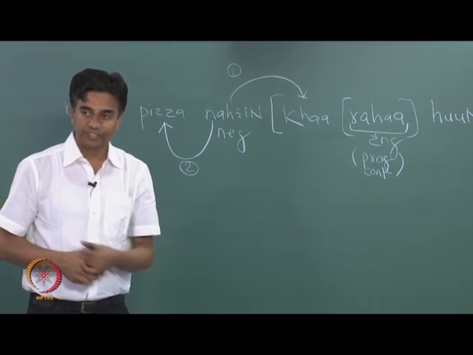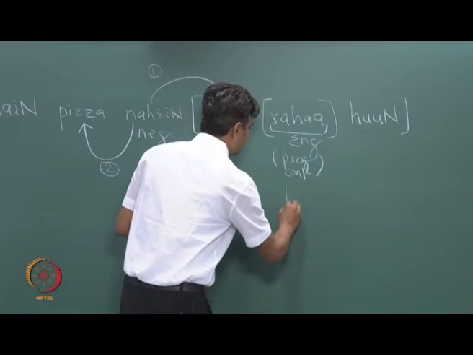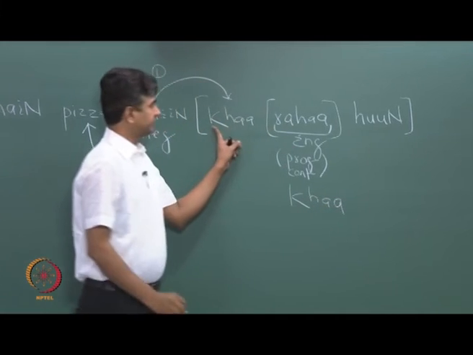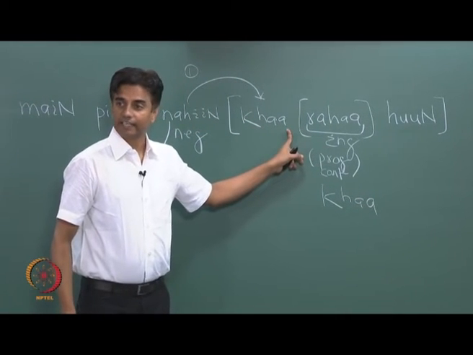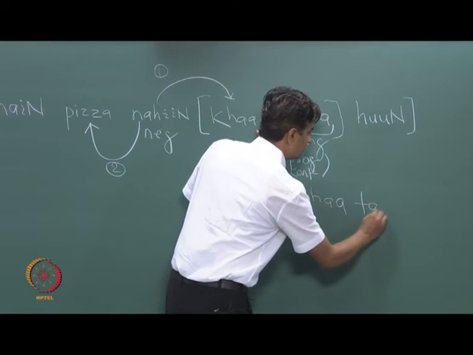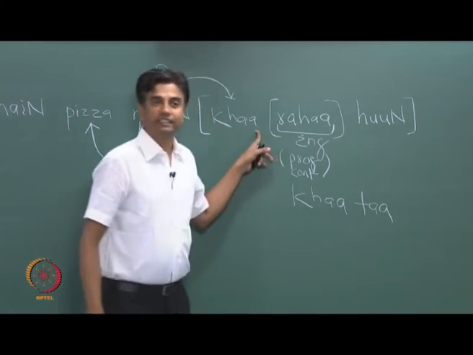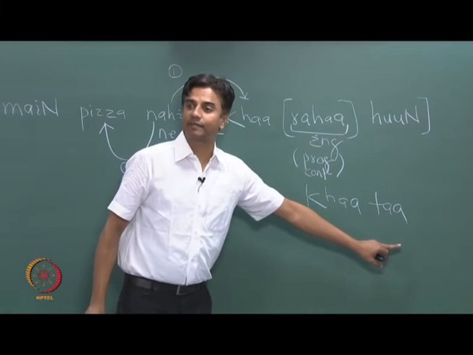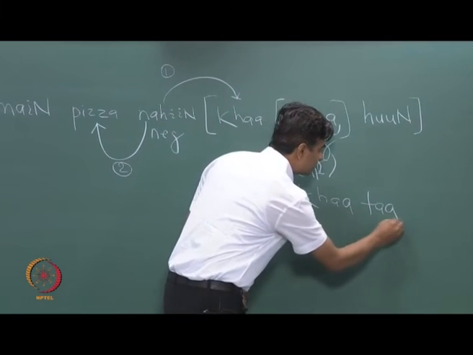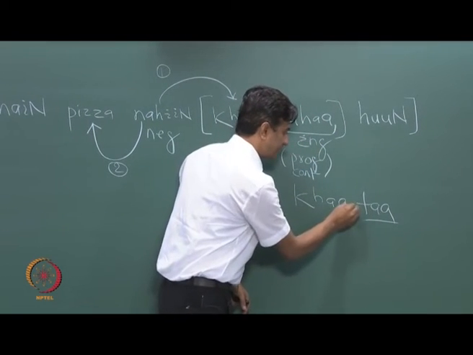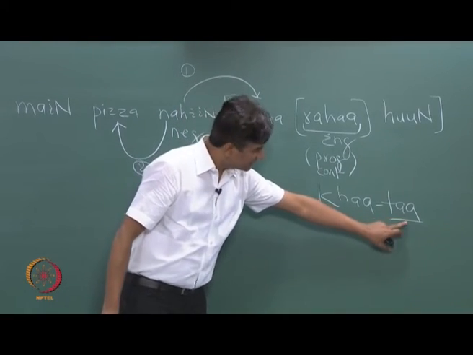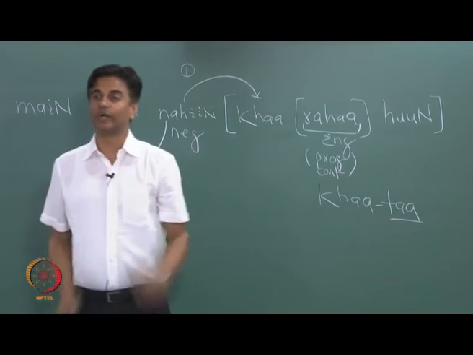Khata hoon, right? Here is what I mean. In that case, we have to say kha, this part, right, and ta. This is an aspect marker. This is the verb root, and an aspect marker. This does not come as an independent word.